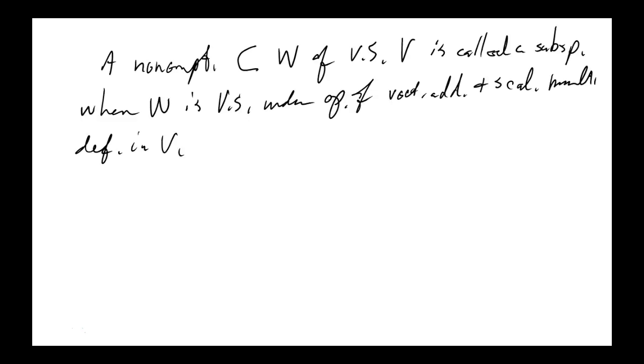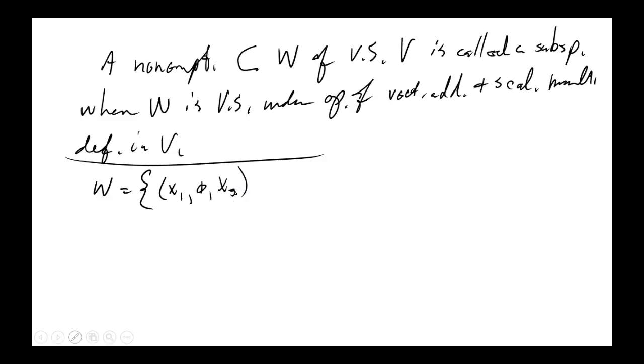So here's a subspace of R3. Show that W, which is equal to the set of all ordered triplets (x1, 0, x3) such that x1 and x3 are real numbers, is a subspace.